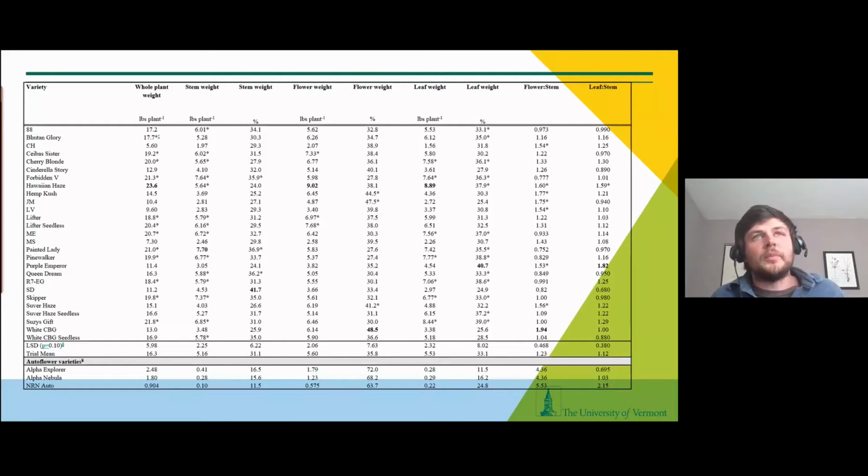And the whole point behind gathering that information is to look at potential labor inputs, differences in the proportions of flower material versus stem material. And then eventually we'll probably work on developing nutrient recommendations and crop removal rates based off of those different components and what's being taken out of the field.